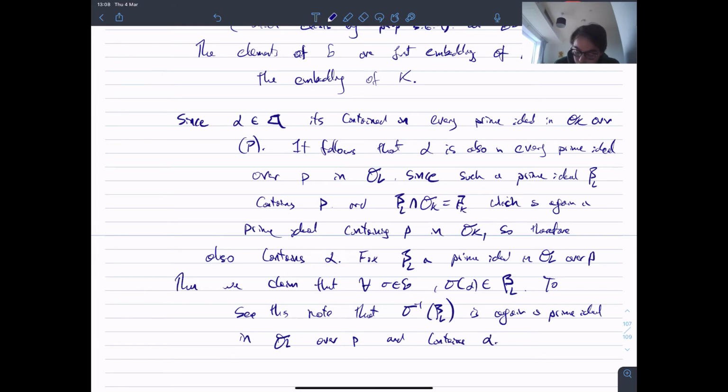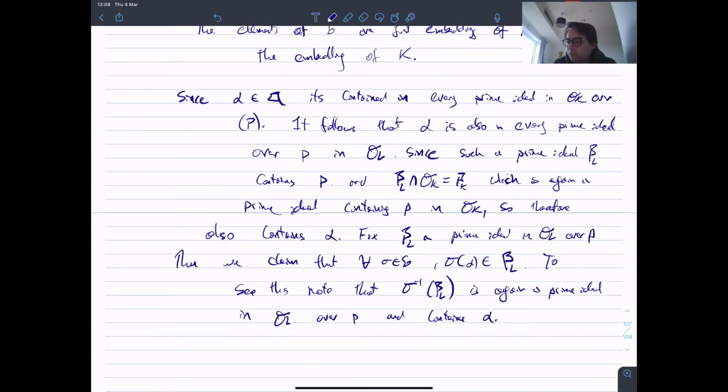So if sigma inverse of beta L contains alpha, then that means that sigma of alpha is in beta L. I took a random one, so in particular, this means sigma i of alpha is in beta L for all i.